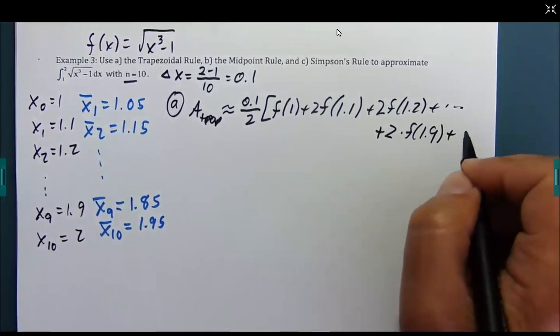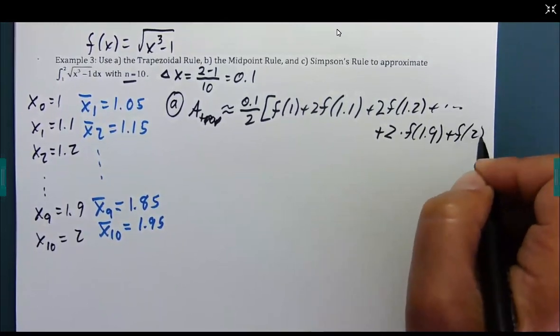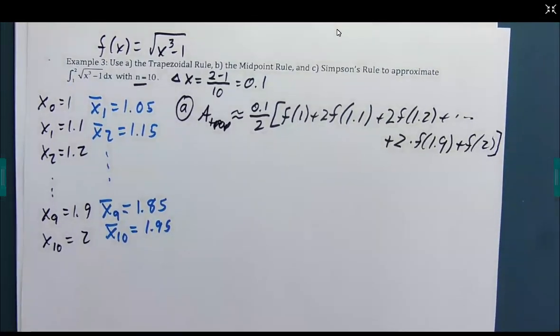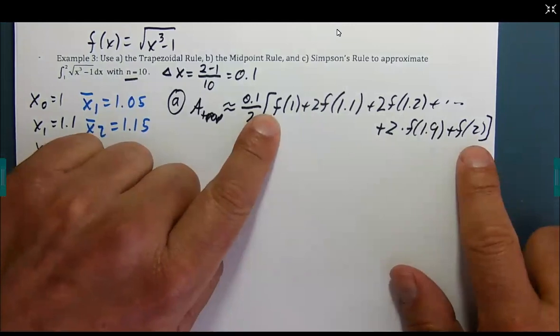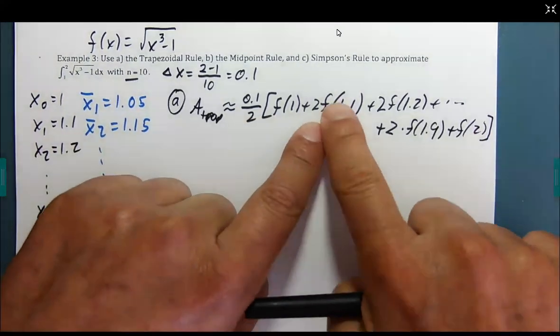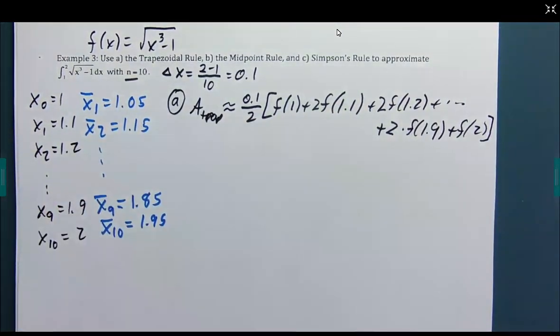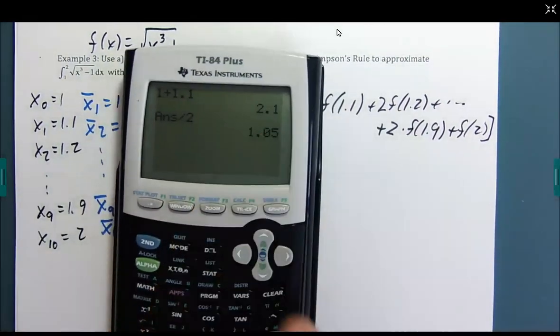Then it's just plus f of 2 with no 2 being multiplied to it. And I want you to notice that except for the two end ones, we're adding all of these up. And I want to show you a new way to do that with a calculator.